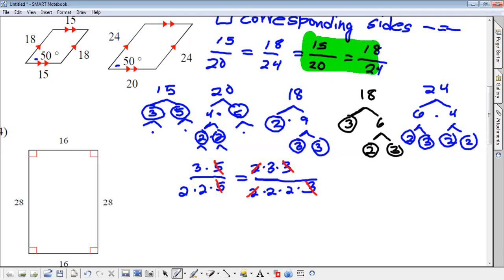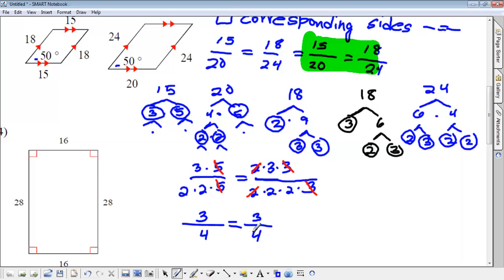Now notice what you have. You have a 3 on top. Denominator is 2 times 2. What is 2 times 2? 4. Now, on this one, you have a 3 in the numerator. Denominator is 2 times 2. What is 2 times 2? 4.